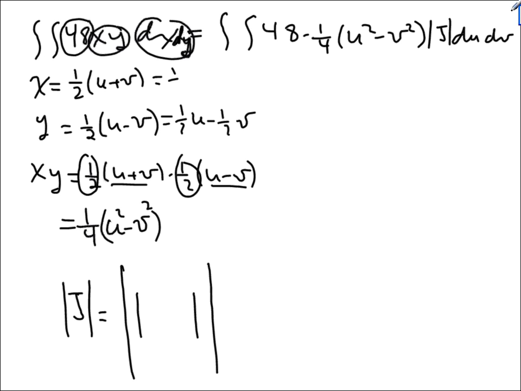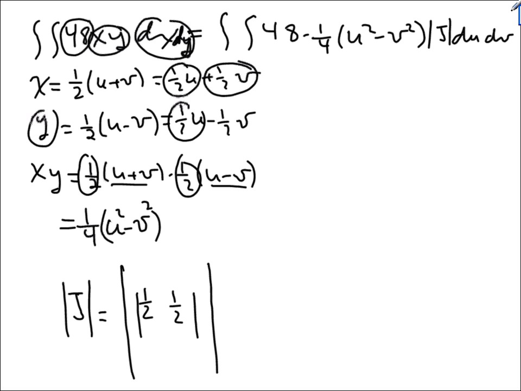Up here, 1/2 u plus 1/2 v. So it's the partial of x with respect to u, which is a half, and with respect to v is also a half. The partial of y with respect to u is a half, and with respect to v is negative a half.